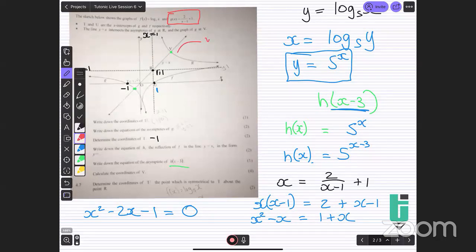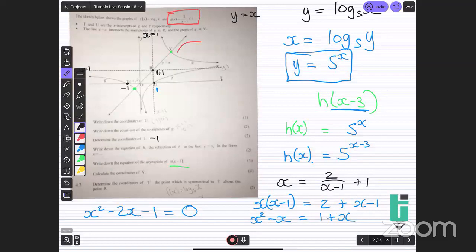But they want the coordinates of V. So how do you find the coordinates of V? You get the x, which is now 2, so we substitute it back into this equation to get y. Do you need to substitute it back? Isn't y equal to x?